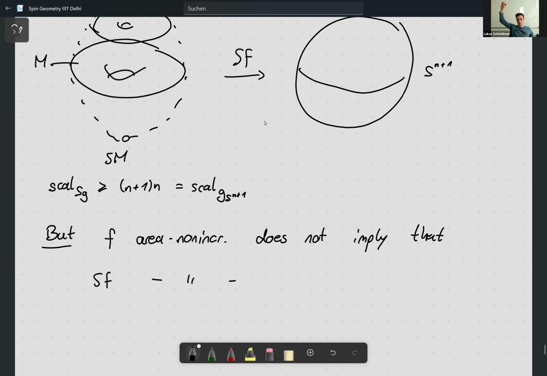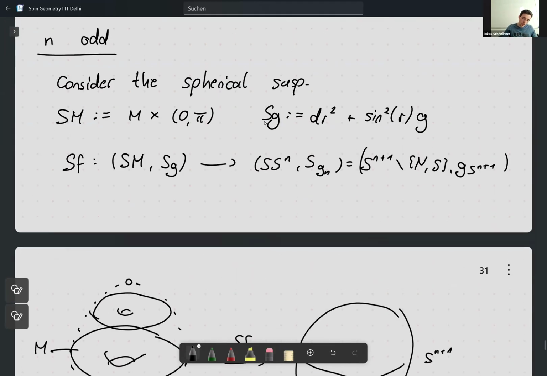But the R direction of the spherical suspension stays with norm 1.